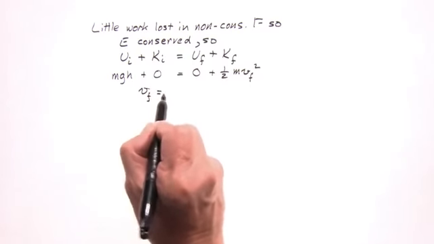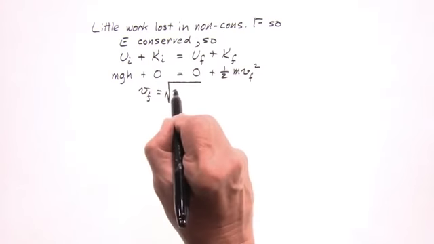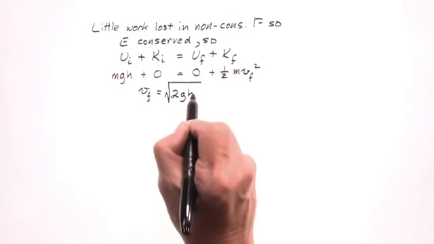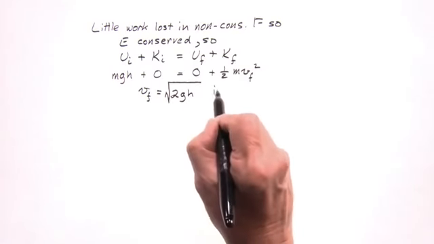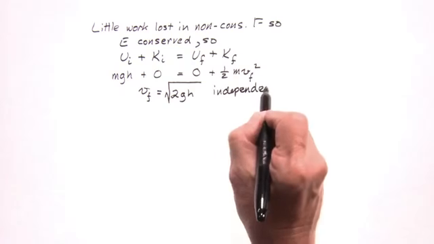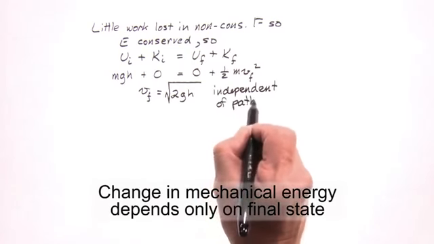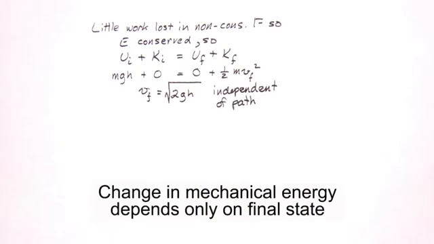Cancelling m and rearranging, v final equals the square root of 2gh. Note that this is independent of the path. That's the cool thing about conservation of mechanical energy. Provided that it applies, we need only look at the initial and final states, which often makes analysis easier.